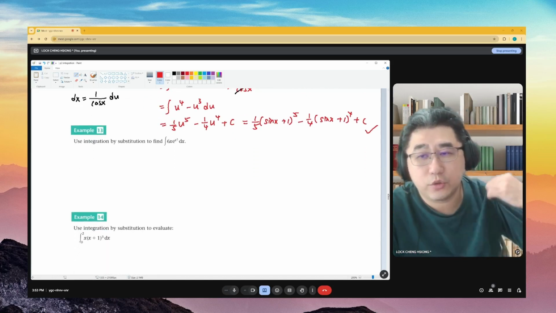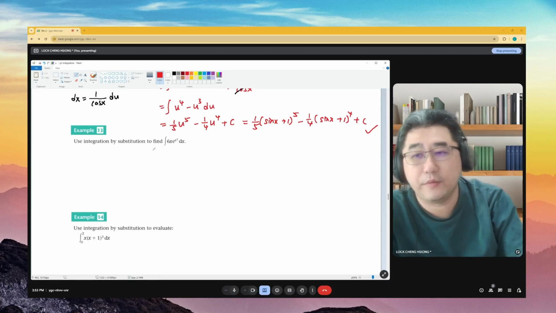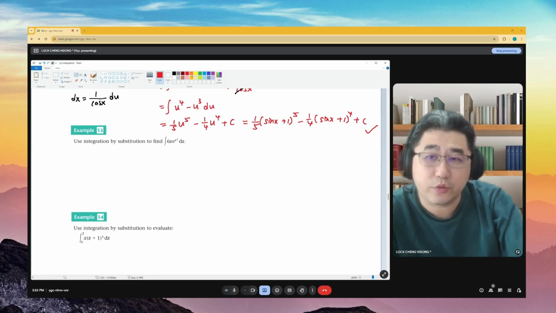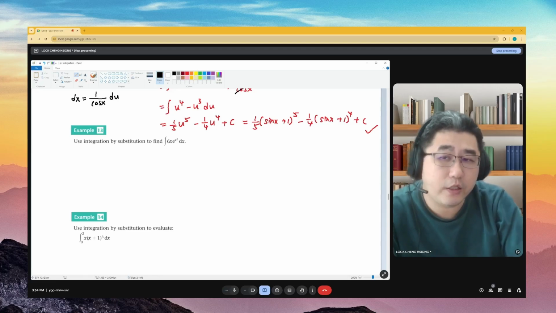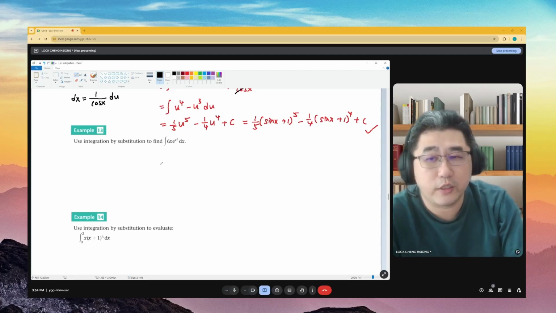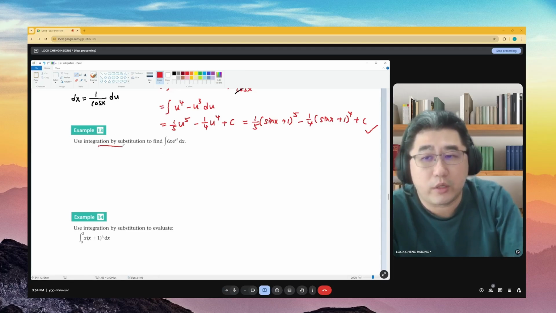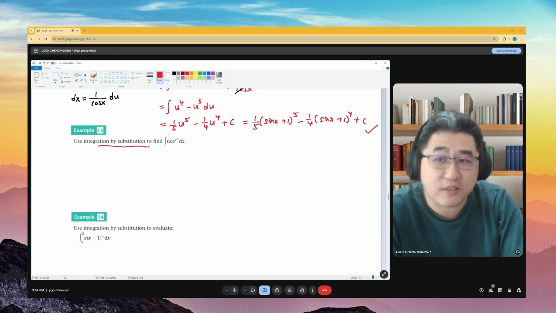Next, what if I have a 6x and x squared? They purposely didn't give you the substitution. During the exam, if they don't give you the substitution, of course you are expected to figure it out by yourself. Some students will say, how do I even know what is the correct substitution? Students who say this actually didn't practice the exercises.